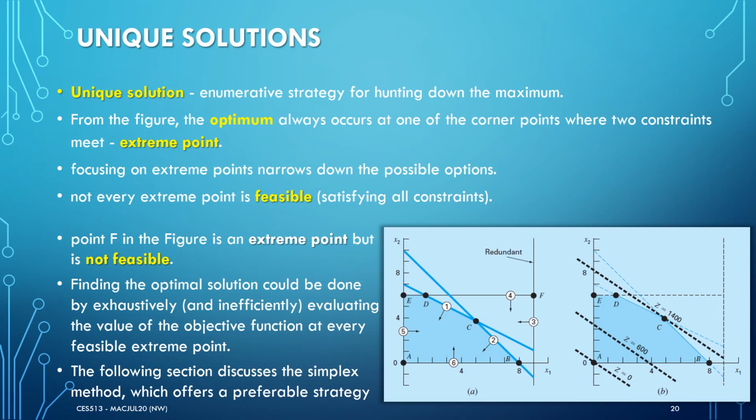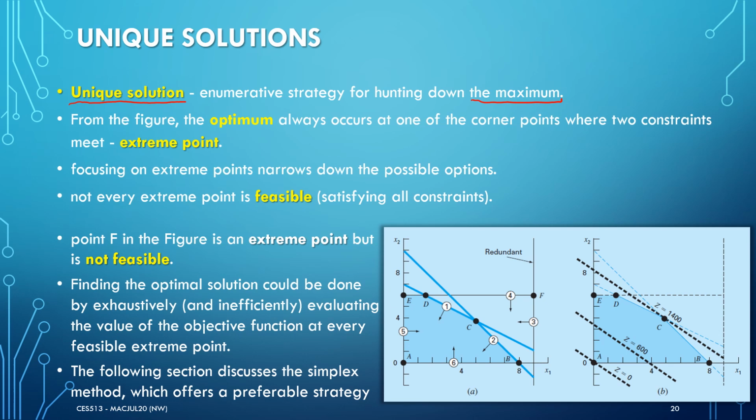Okay, now let us suppose that our problem involves a unique solution, which is possible solution number 1 for linear programs. The graphical approach might suggest an enumerative strategy where you evaluate the points one by one to hunt for the maximum.